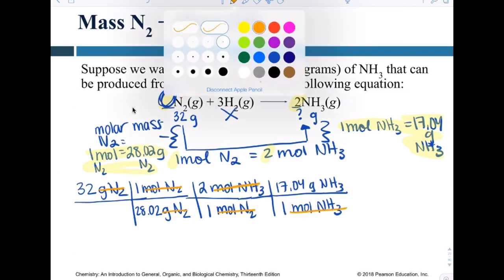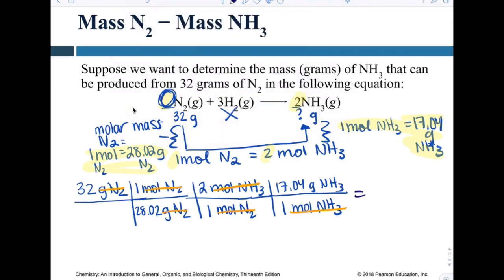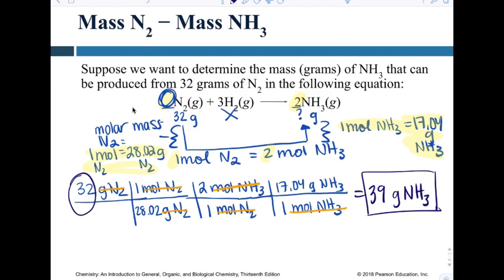So canceling my mole of ammonia, I have left over this work, and just like every other conversion factor that we've done before, you're just going to multiply and divide your way across, and you wind up with 39 grams of NH3. I have 2 sig figs because my beginning substance has 2.